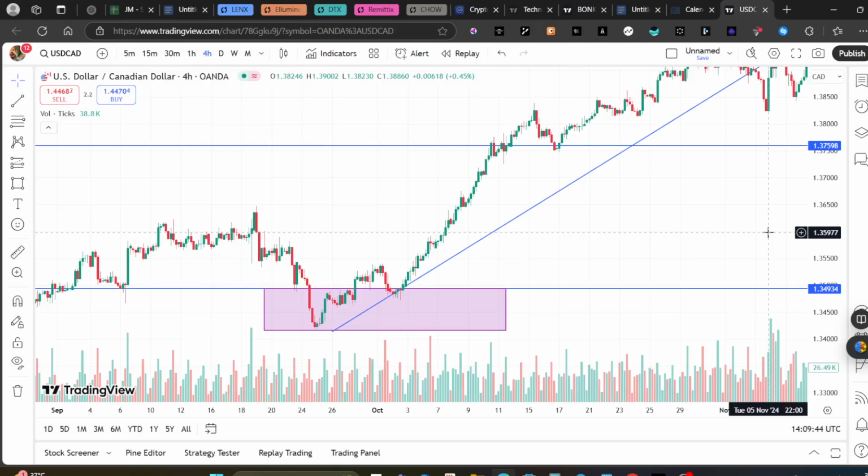All right, and then always manage your risks by placing stops beyond the imbalance zone and targeting key liquidity levels for exits. Okay, so if you're serious about improving your trading with order flow strategies, then start paying attention to stacked imbalances. All right, because they provide a real-time look into market dynamics and can give you a major edge over other traders.